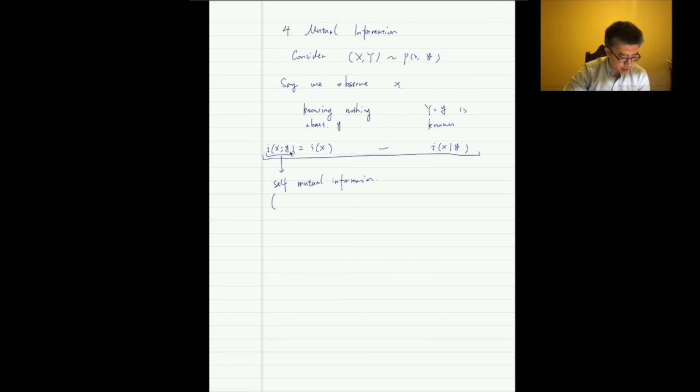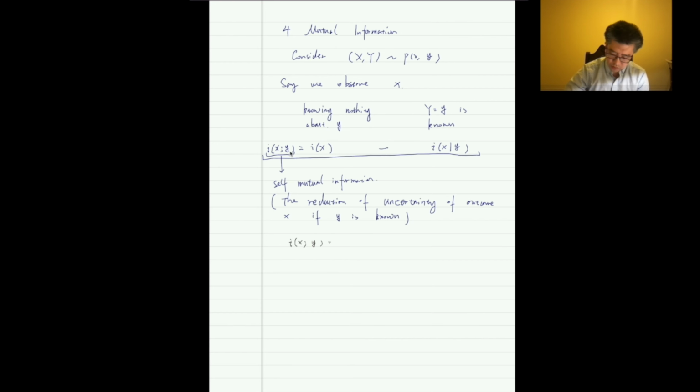So this basically means the reduction of uncertainty of outcome x, given the fact that, let's say, y is known. Okay, great. So now let's write the formula of it.